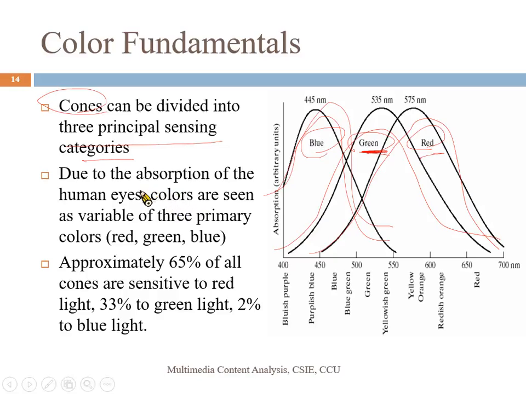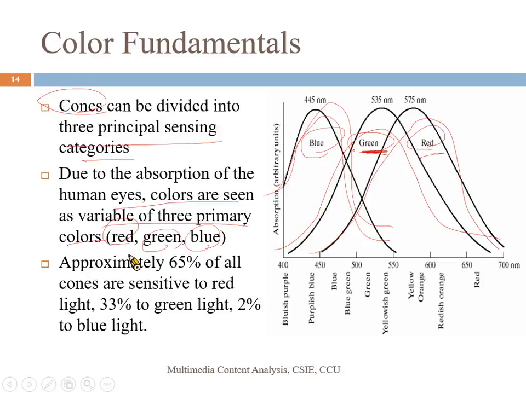And due to the absorption of the human eye, colors are seen as a variable combination of three primary colors: red, green, and blue. Approximately 65% of all cones are sensitive to red, 33% to green, and only 2% are sensitive to blue light.